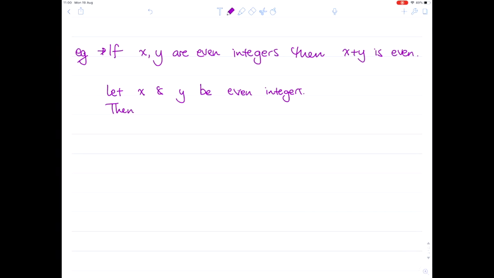Then, well, we know that we can write them each as 2 times some other integer, so then we can find, let's say, integers m and n, such that x is equal to 2m and y is equal to 2n. We know that where we want to end up with is that we can write x plus y equal to 2 times some integer.